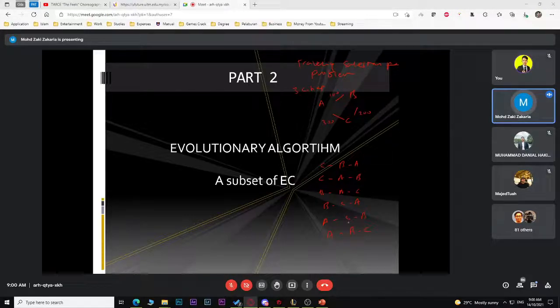This list of roads has different quality. For example, from CBA, C goes to B, goes to A, equivalent to 300. For CAB, CAB is 400. Clear?